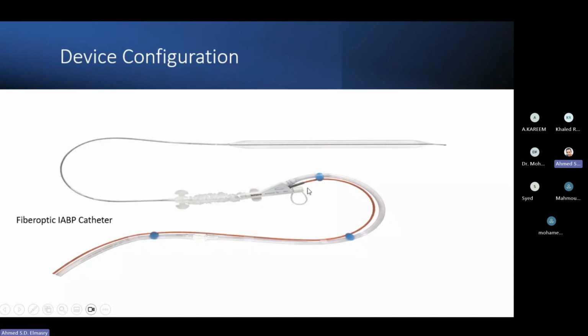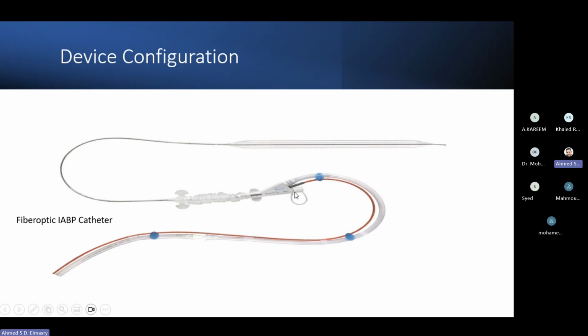The first port is the arterial transducer, the second port is the fiber optic wire, which will continuously measure the arterial pressure waveform, and the third port is the helium.